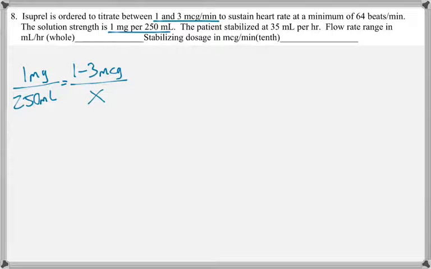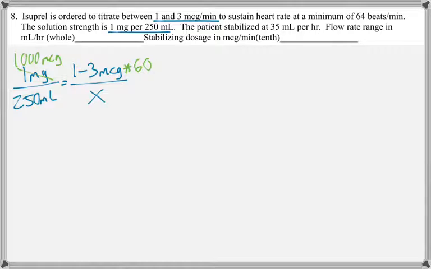There's two things I need to do. I need to convert the 1 milligram into 1,000 micrograms, and I need to multiply the range by 60 because it's currently per minute and we want it to be per hour.